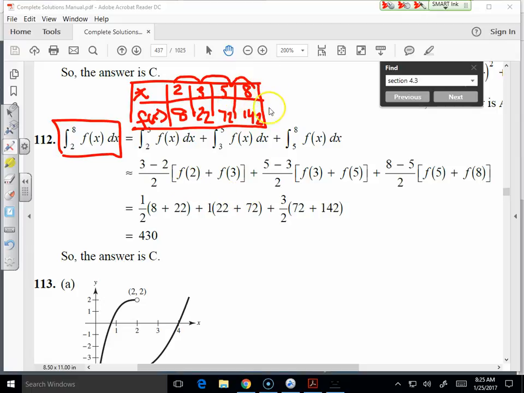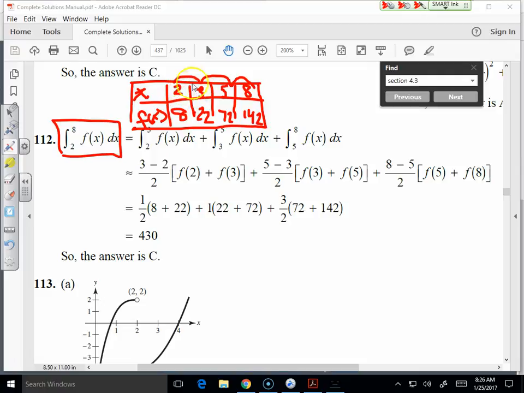Now kiddos, hold on. What's the formula for the area of a trapezoid? 1/2 base 1 times height 1 plus height 2. You guys see the trapezoid formulas right here? Yes. Now where do they get the numbers? How'd they get the base of the first trapezoid?